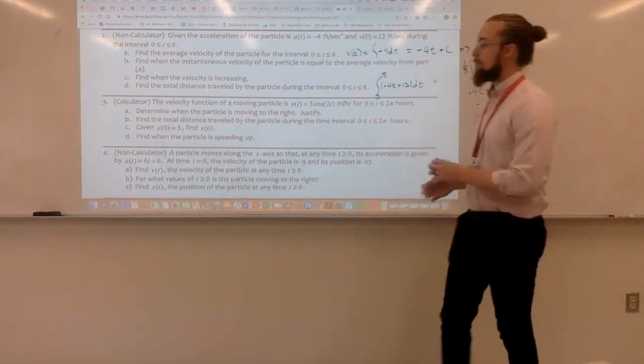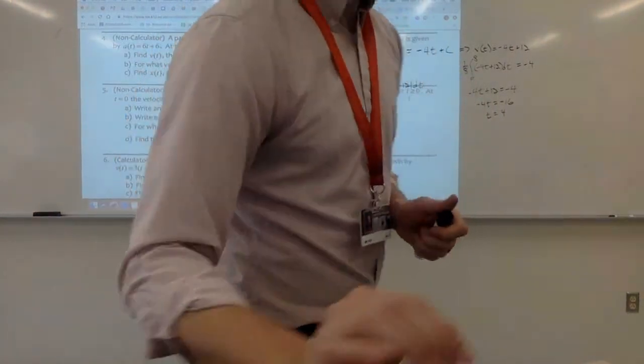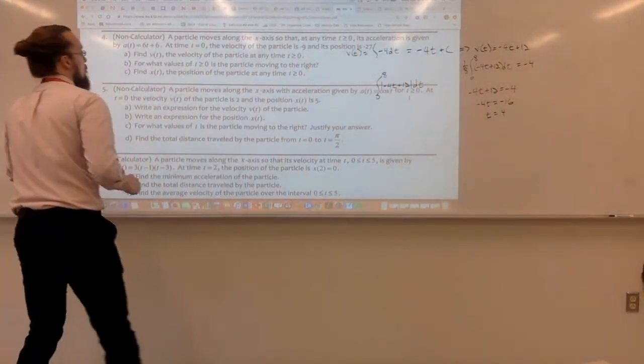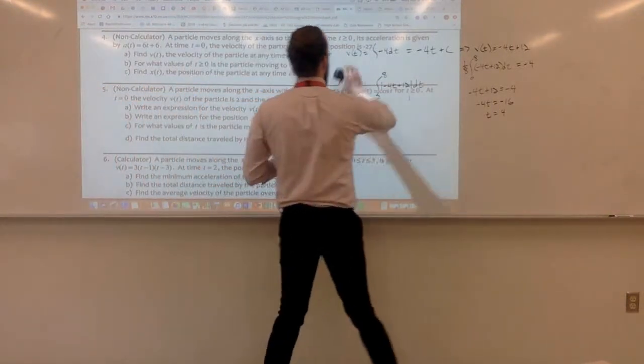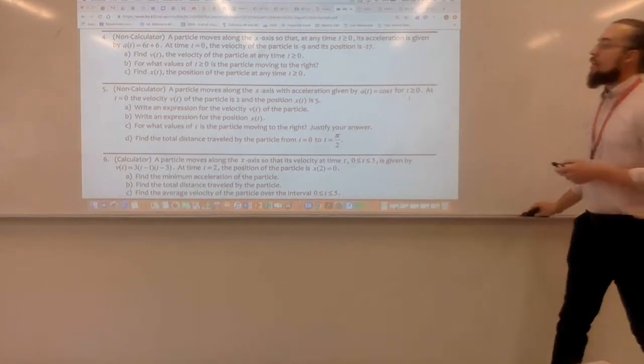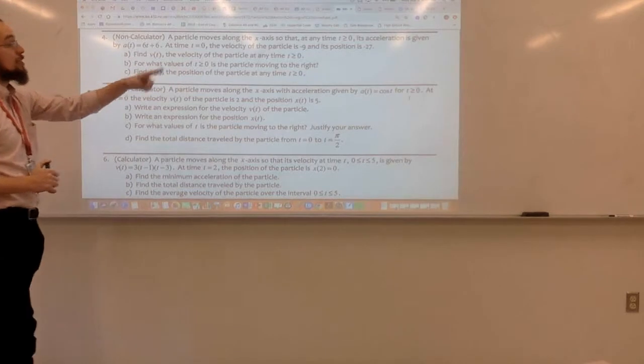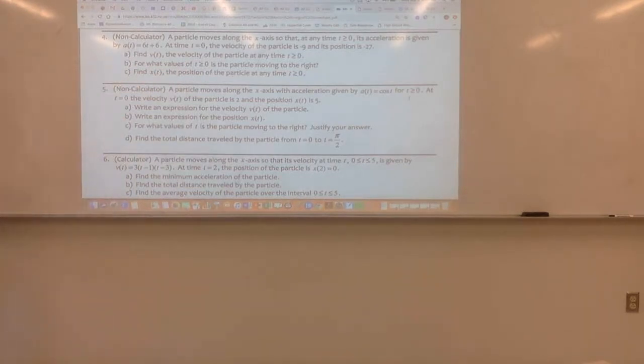For 4b. Alright, so a particle moves along the x-axis. Again, on this one, we are given an acceleration function. And we are given an initial velocity and an initial position.